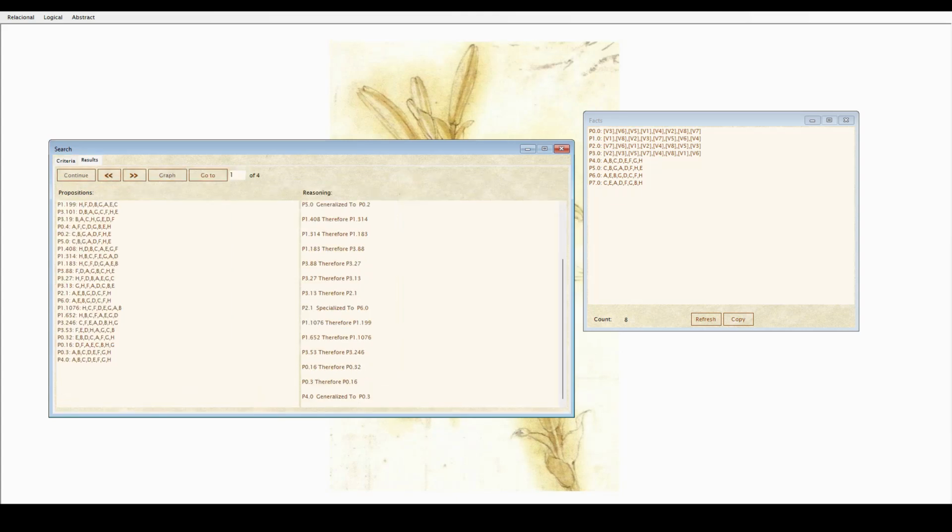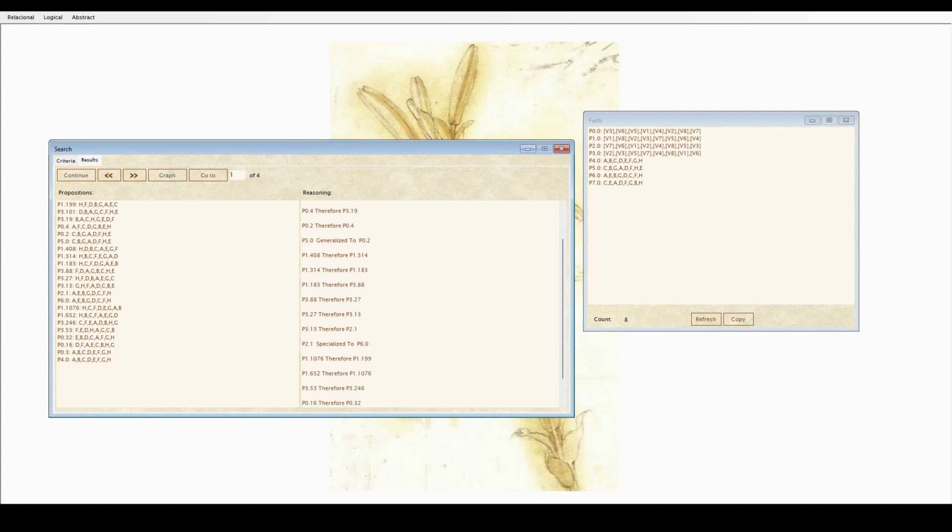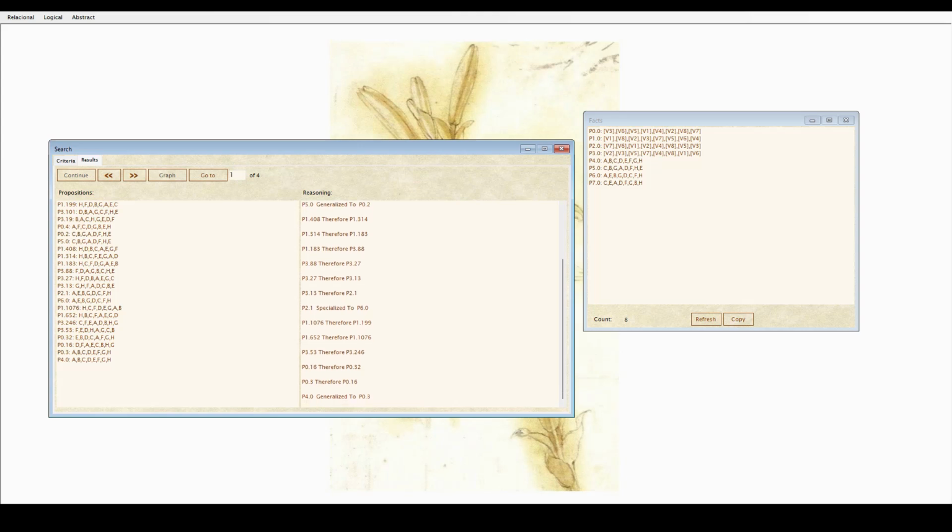So if this is a partial solution, you should only see one of those 6 or 7 propositions as a conclusion in these intermediate steps. So if you look, there's 6 here in the middle, and 7 isn't here.